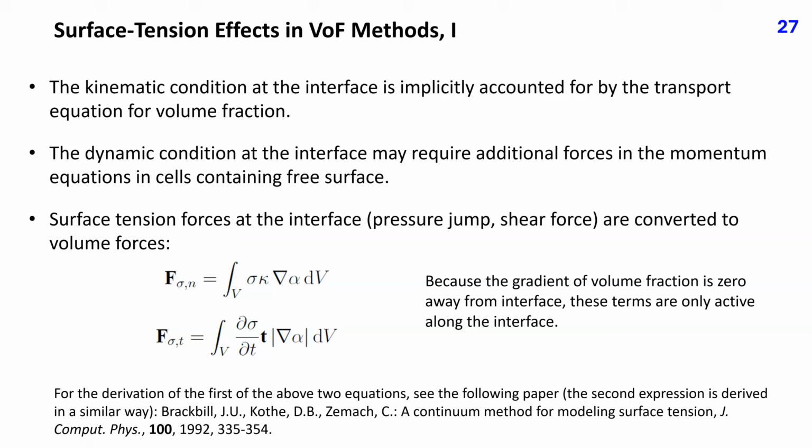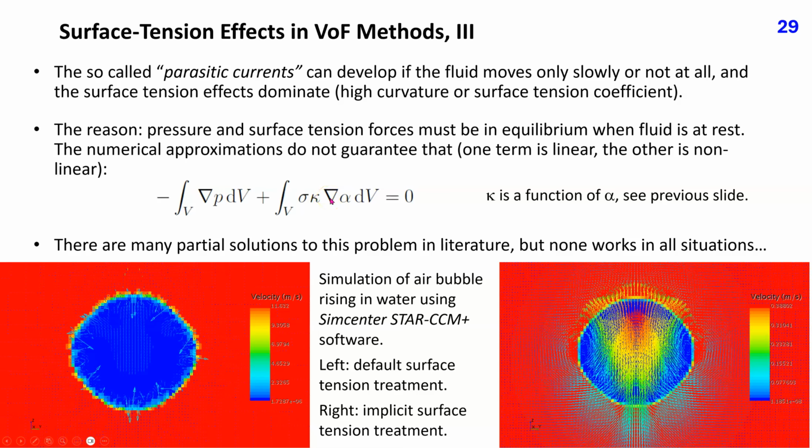The reason is that pressure and surface tension force must be in equilibrium when fluid is at rest. The numerical approximations do not guarantee that, because the pressure term is linear and the surface tension term is nonlinear. The curvature kappa is a function of the volume fraction. See previous slide. There are many partial solutions to this problem in literature, but none works in all situations.